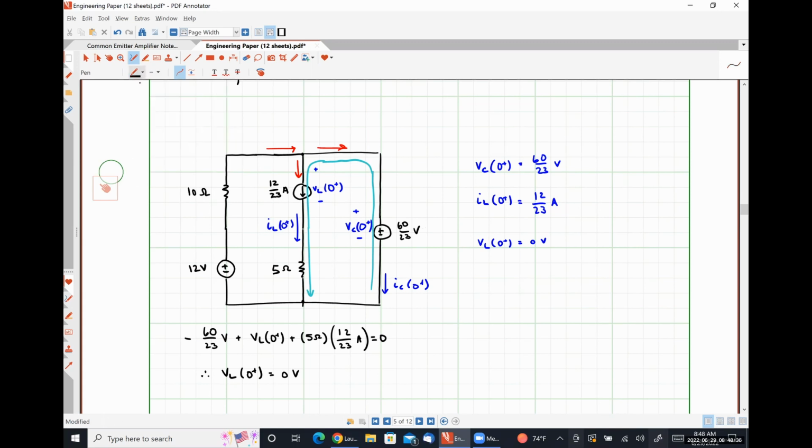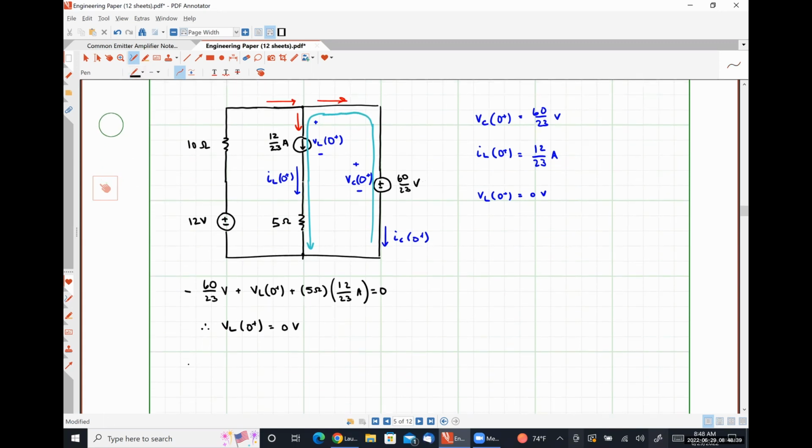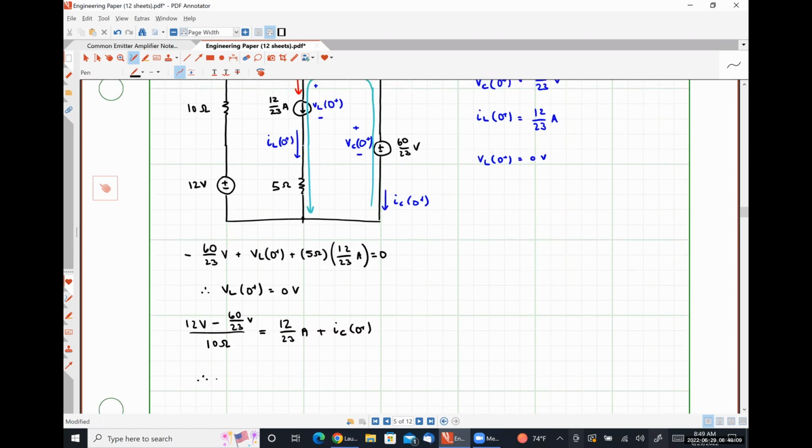Or 12 volts minus 60/23 volts, divided by 10 ohms, is going to equal IL, which is 12/23 amps, plus IC at 0 plus. And we can solve this for IC at 0 plus very easily.